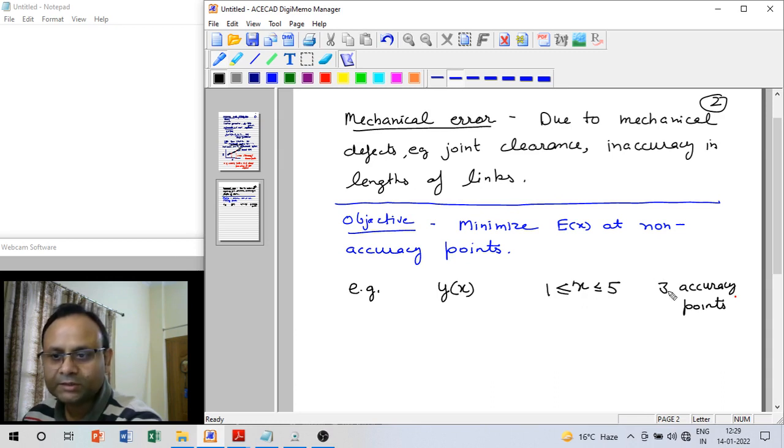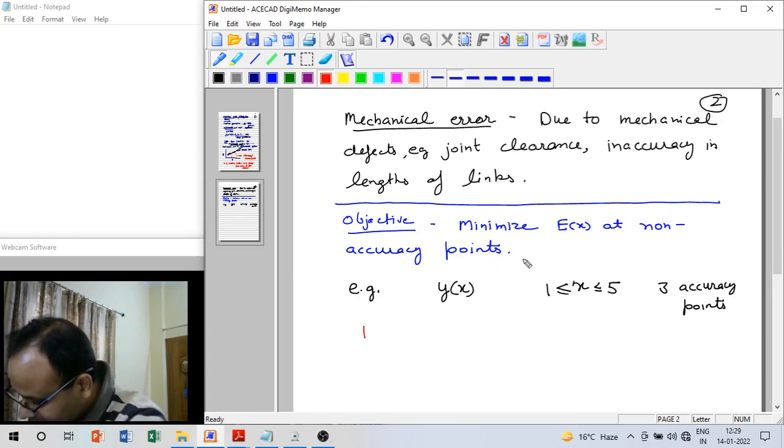Now one question is, in this range I can only pick 3 points. Which points should I pick? I can pick say 1, 5, and an intermediate point, but it can be anything like 2, 3, 4. So how to pick accuracy points so that the structural error at non-accuracy points is minimized? That is what we want actually.